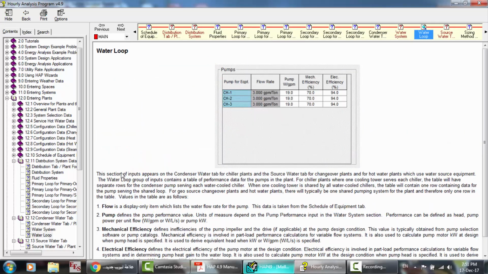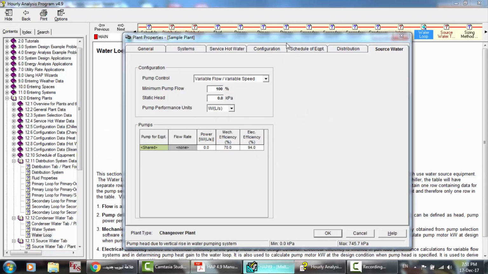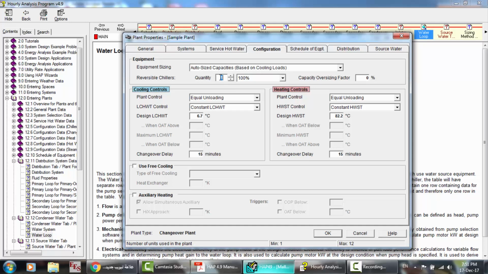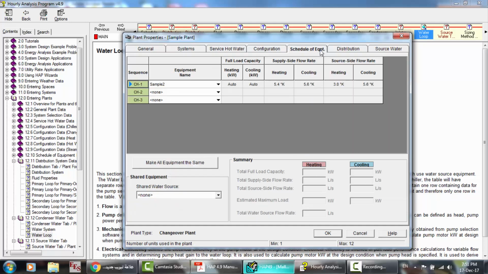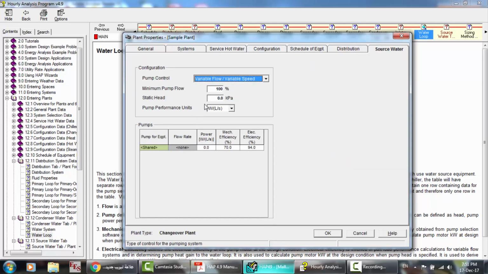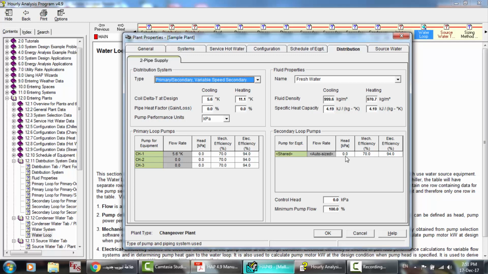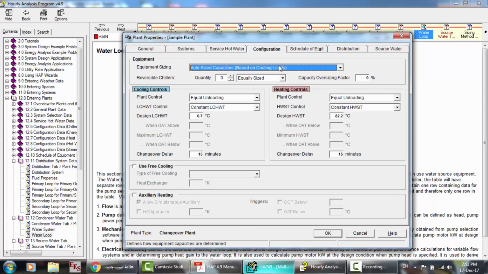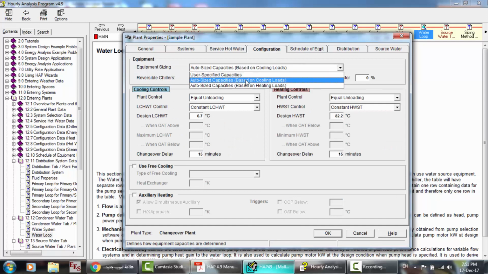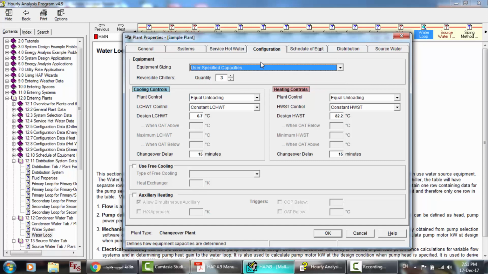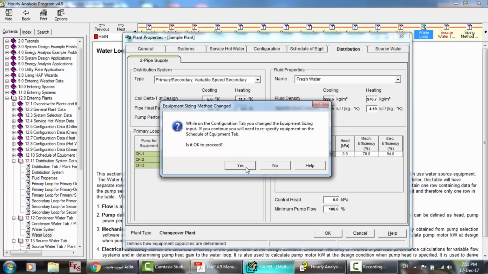And here's the water loop. Okay, if you have many chillers, you find here constant. Here the chiller, model, size, configuration. Okay, for user specified.